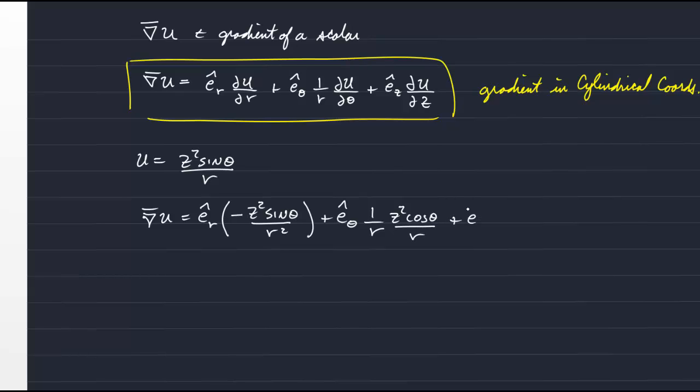And then we have our e hat z component, which is the partial derivative of this with respect to z, which would be 2z sine theta over r.